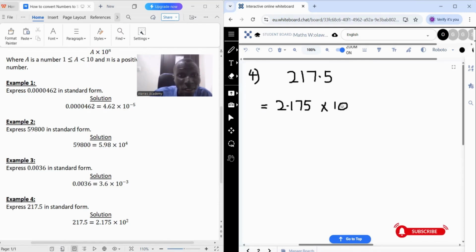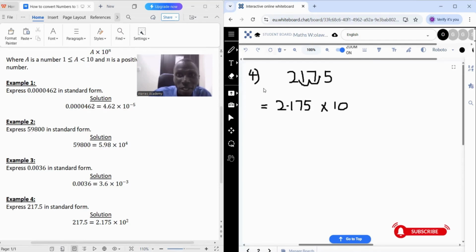How are we going to get the power? From the original question, we want to know the number of places we move the decimal point to have 2.175. Here we have 1, 2. Is it going to be positive 2 or negative 2?